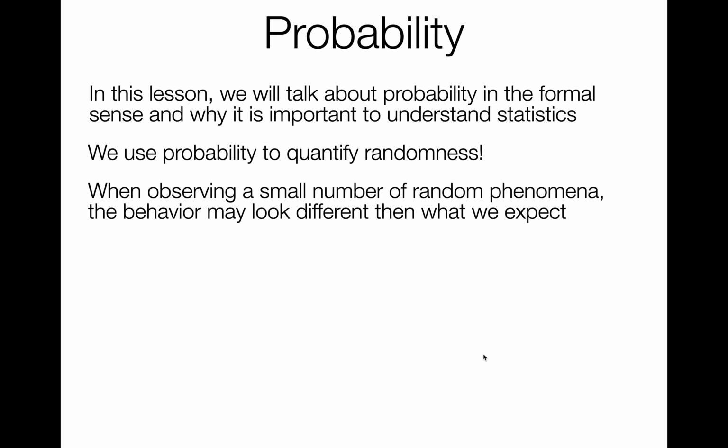So when we observe a small number of random phenomena, as I call it, you can think of it as a small number of coin flips or rolls of a dice, or really anything where the outcome is random, meaning we don't know the outcome before it happens, the behavior may look quite different than what we expect.